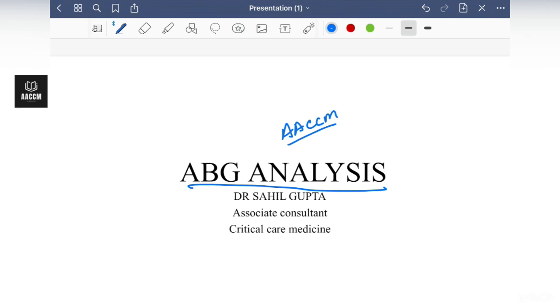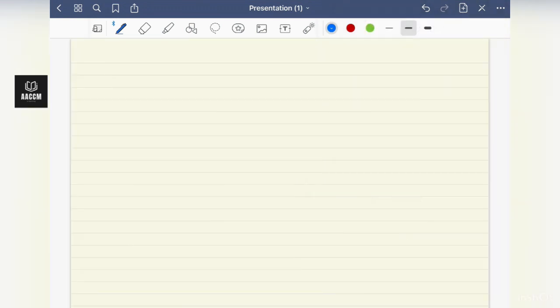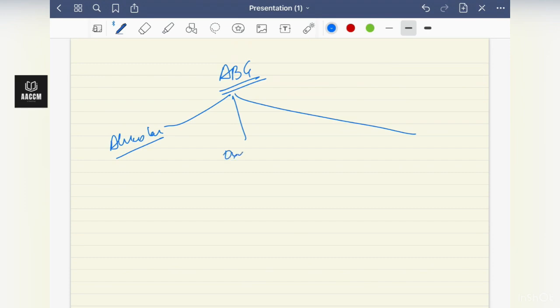So let's start the topic. ABGs, why are they useful in today's scenarios? Because they give us three basic concepts: first is your alveolar ventilation, second is your oxygenation, and third is your acid base balance.